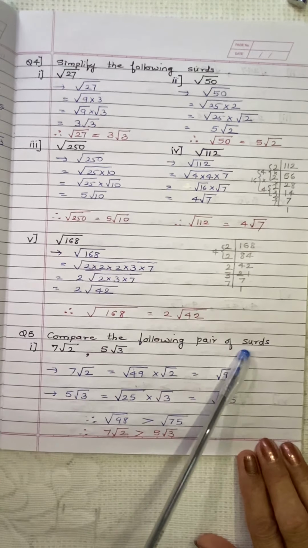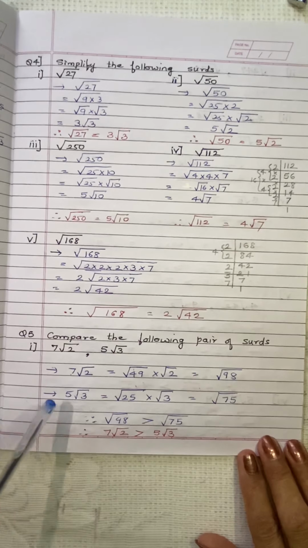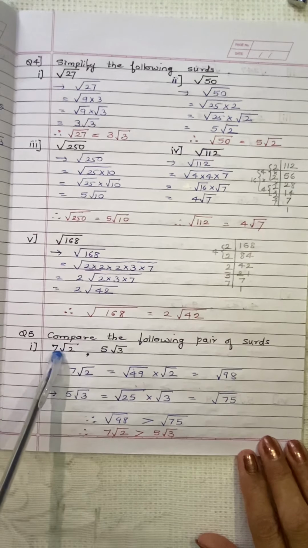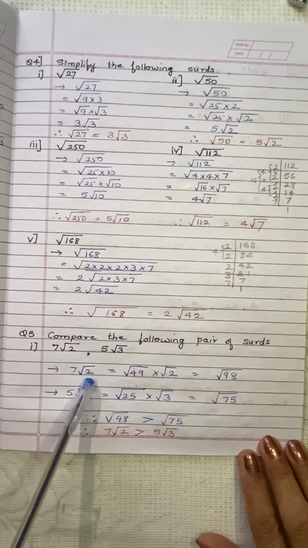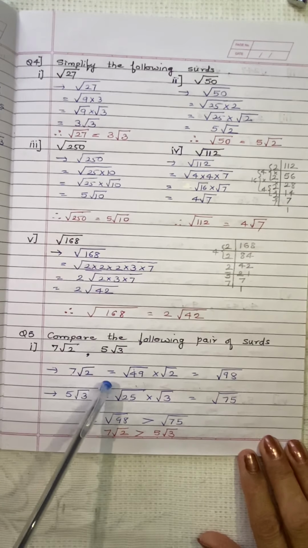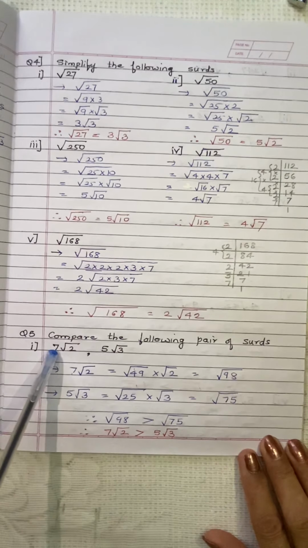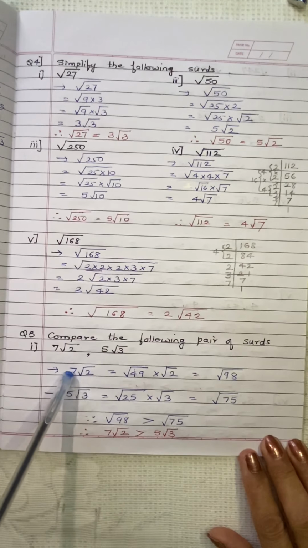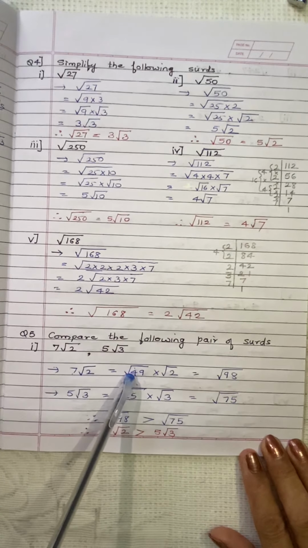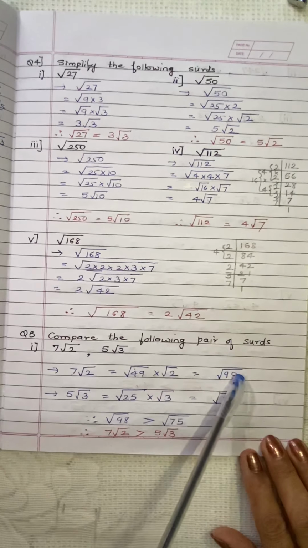Compare the following pairs of surds, that is which is smaller and which is greater. So they have given us 7 root 2 and 5 root 3. 7 root 2 is equal to, we can find the square of 7, which is 49, into 2, and when we multiply these two we get 98.